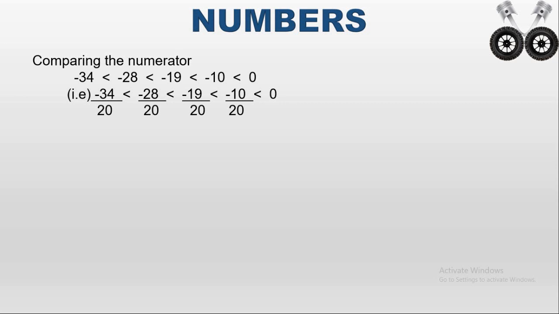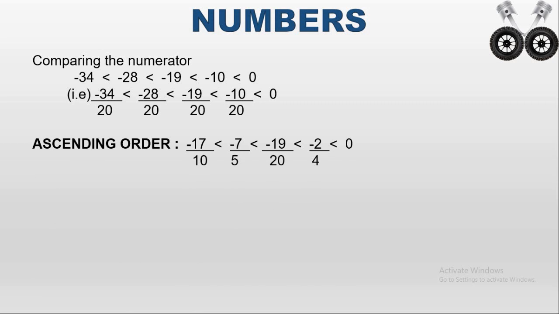That minus 34 is less than minus 28. Minus 28 is less than minus 19. Minus 19 is less than minus 10. Minus 10 is less than 0. So now we can write with the denominator. So that can be written as minus 34 by 20 is less than minus 28 by 20, which is less than minus 19 by 20, which is less than minus 10 by 20, which is less than 0.